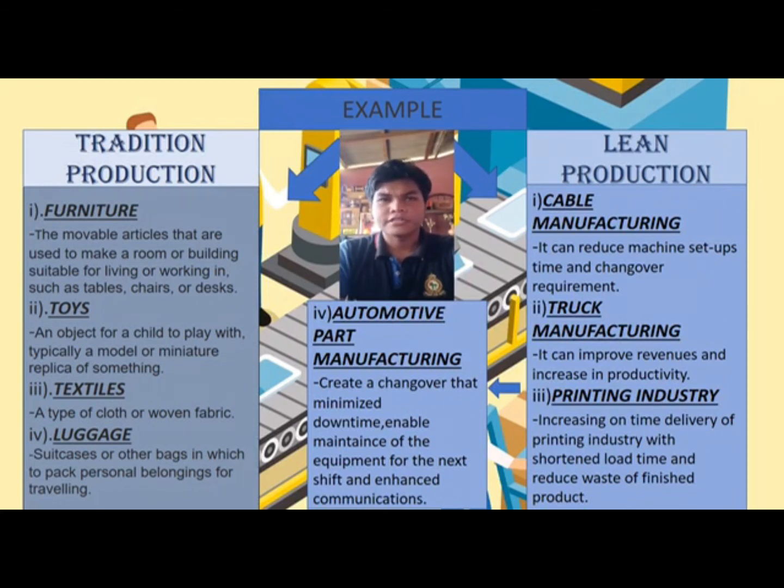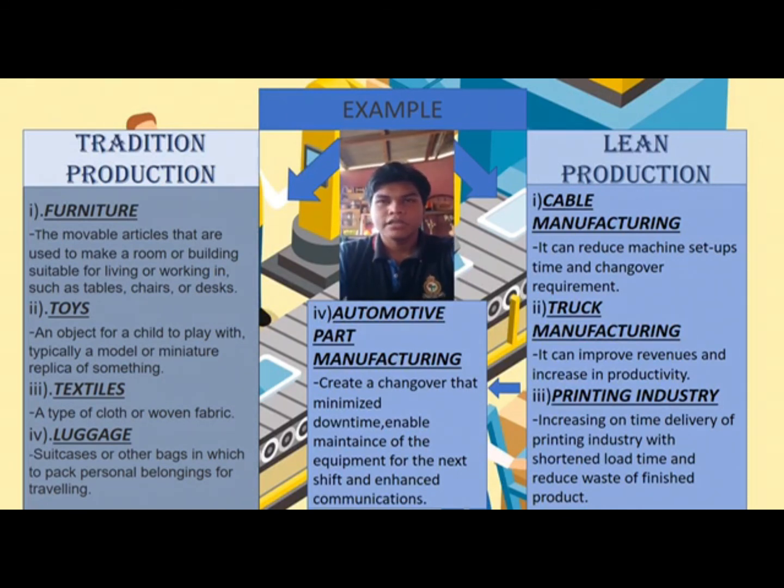Second is toys, an object for a child to play with, typically a model or miniature replica of something. Third is textiles, a type of cloth or woven fabric. And the last one is luggage, suitcases or other bags in which to pack personal belongings for traveling.